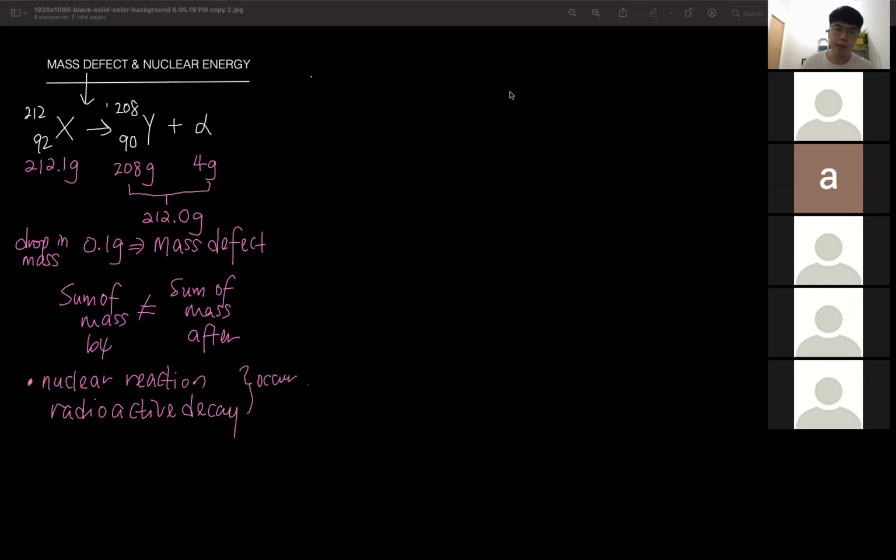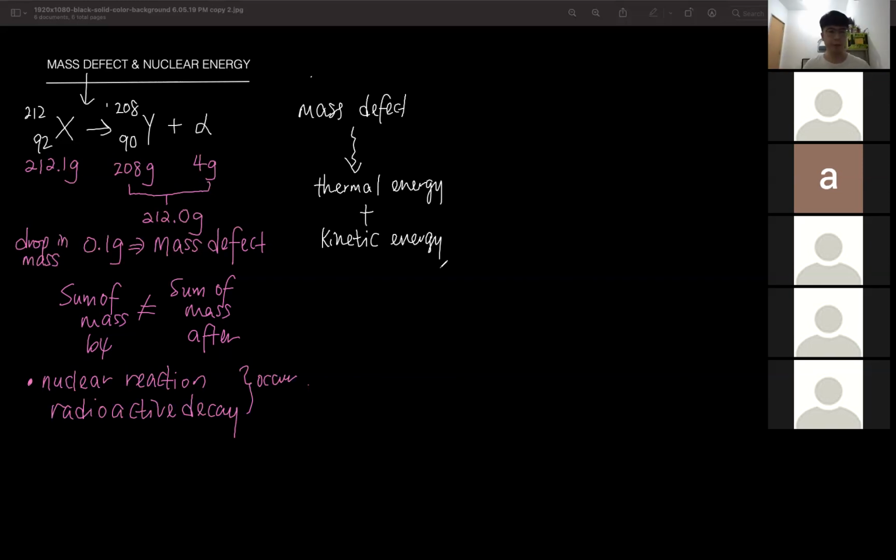And where does the mass go is that the mass is actually converted. So we have mass defect, and then it is converted into nuclear energy in terms of thermal plus kinetic energy.